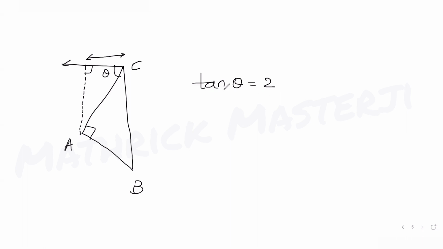Tan theta we know already, it is 2. So tan theta is nothing but opposite side over adjacent side, and that is equal to 2 over 1. So the opposite side is 2 times the adjacent side, which is 1x. If I apply Pythagoras theorem to find AC, I already know AC is 10.